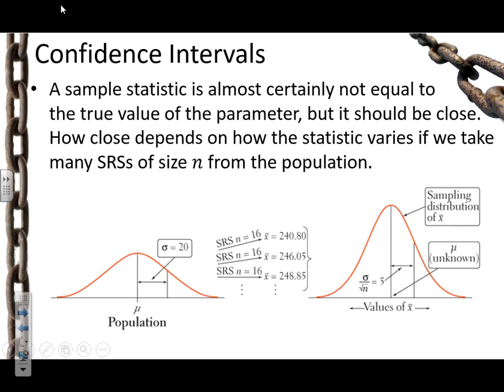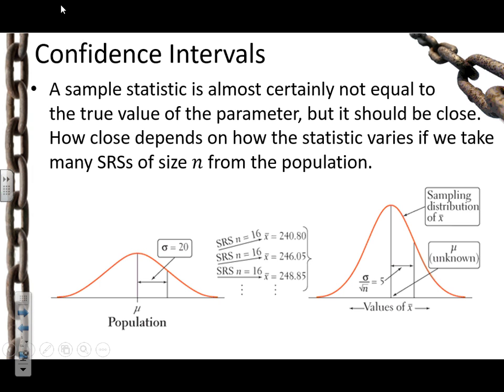So when we look at means, we know that the center of our sampling distribution should occur at the actual population mean. So the center of our distribution should match up pretty much exactly with our actual value. But when I go out and collect my one sample, more likely than not, it is going to fall somewhere around the mean. It's not going to fall directly on that value.